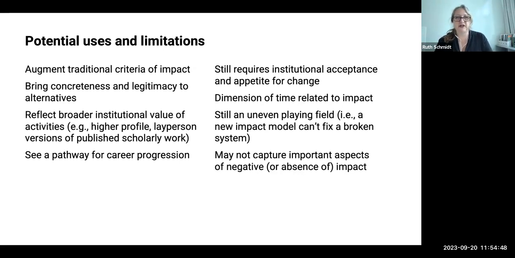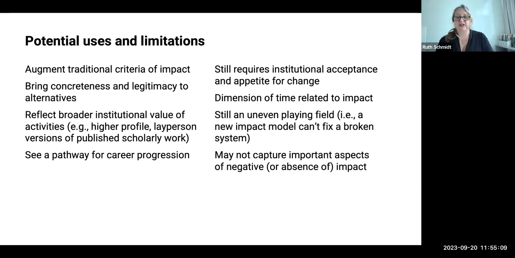I've described in great detail this sense of different institutional values and being able to set a pathway for career progression. We do recognize, again, though, that a tool is not one-size-fits-all. So in order to adopt any tool, there has to be this institutional recognition that it's useful and an appetite in order to change it.